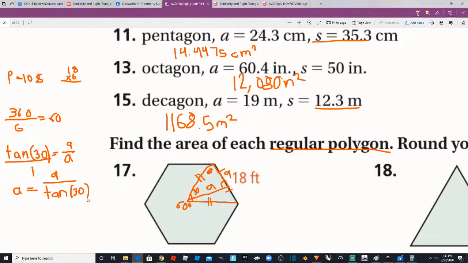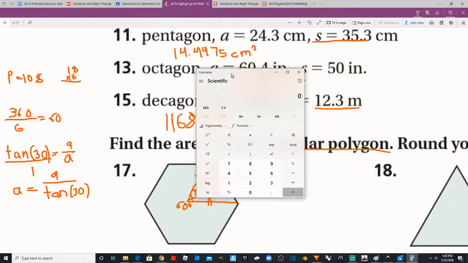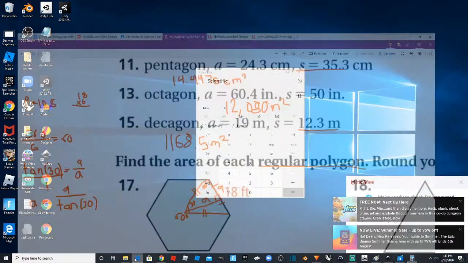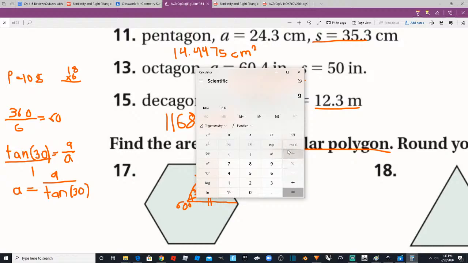Okay, so let's get out our calculator and let's evaluate this. Oh no. Okay, where did my calculator go? 9 divided by, let's put in parentheses just to be safe, tan 30.